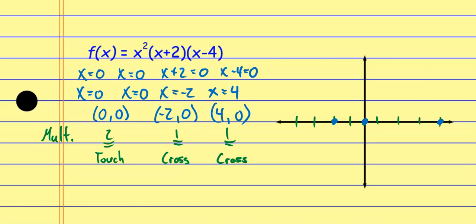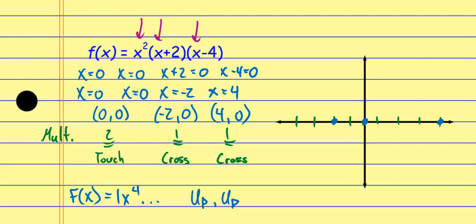Once again, I just look at all the first terms, x squared times x times x. So the first term is going to be a 1x to the 4th. And again, we're ignoring the other terms, but that makes the end behavior up, up, because it's an even degree with a positive coefficient.